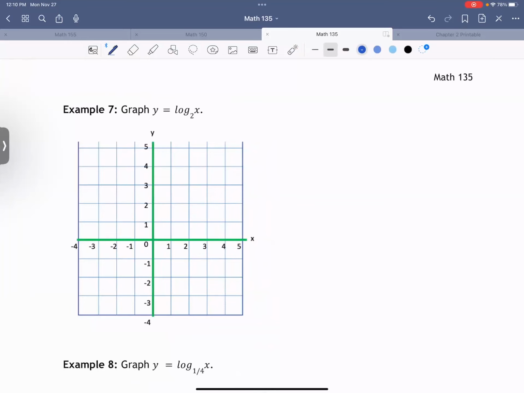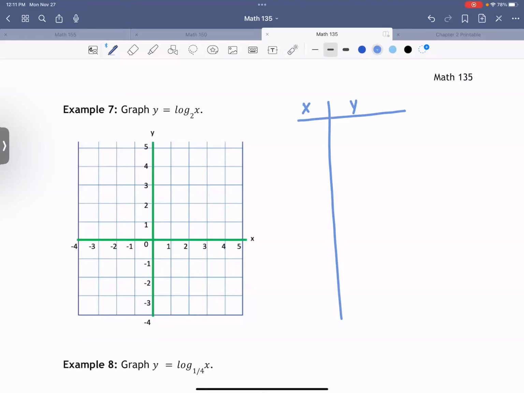So I would expect a graph of a log to look very much like the graph of an exponential. I would expect it to have an asymptote, and I'd expect it to have that same shape. But let's figure out what it's going to look like by my favorite method of plotting, just plotting points. That would be really hard to translate over y equals x because it's curved.